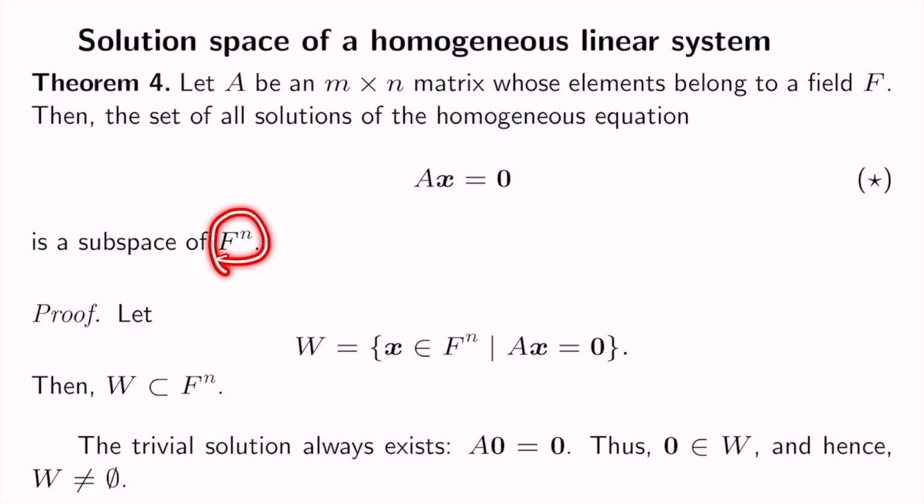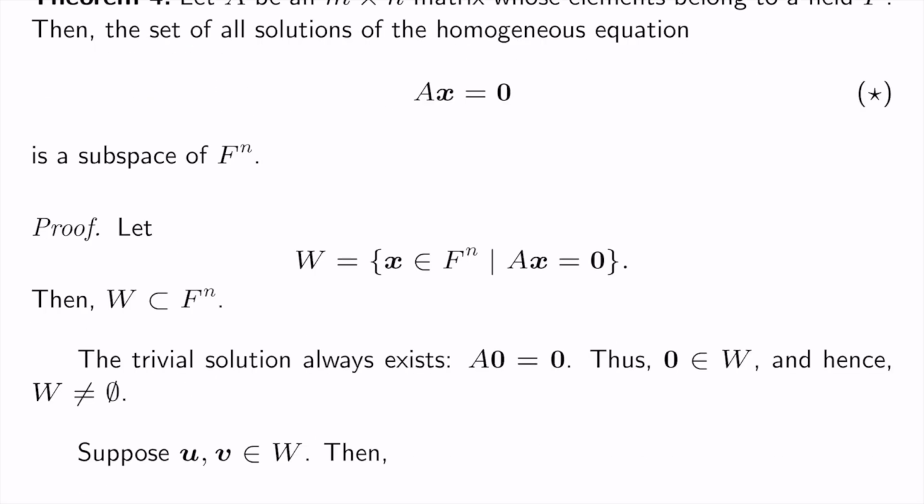Fn is the n-dimensional vector space, F is this field F, and n is the number of elements in the column vectors. So this X is a vector of n unknowns. So let's define this subset W of Fn. It's a set of column vectors satisfying these homogeneous linear equations. So this W is a subset.